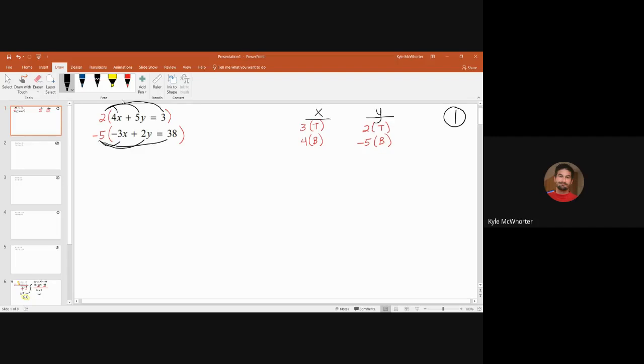So for the top one, 2 times 4x is 8x, 2 times 5y is plus 10y, and 2 times 3 is 6.